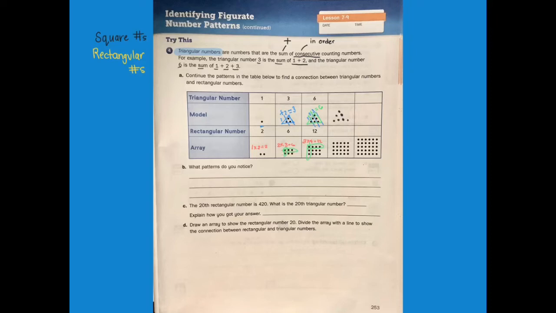So 1, 2, 3, 4. Now wait a minute. It's a little crooked, but that looks like a beautiful triangle, doesn't it? Let's split it up into rows, like I did on the ones before, and see if the pattern that I noticed works.